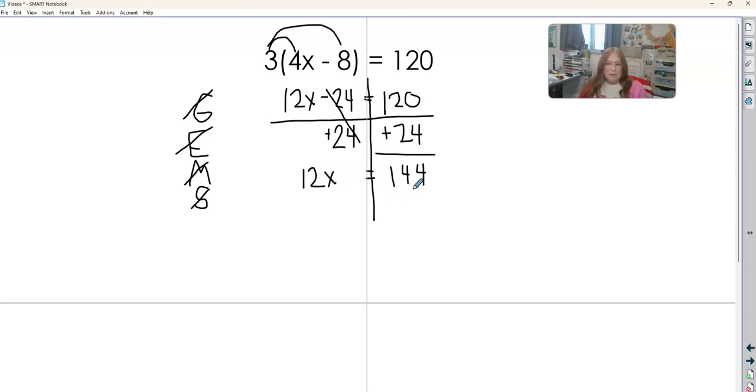Now this is a one-step equation. 12 x's, that coefficient and variable mean to multiply. So the opposite is to divide by 12, which cancels out. And then I have to divide by 12 on this side. So x equals 144 divided by 12, which is 12. So when I plug this in, this answer should be 120.